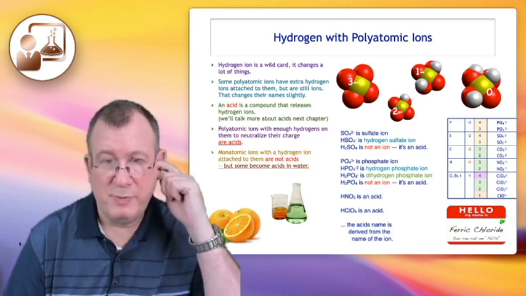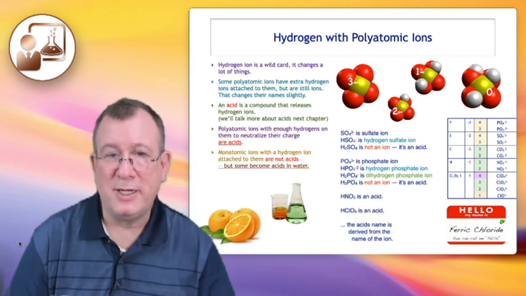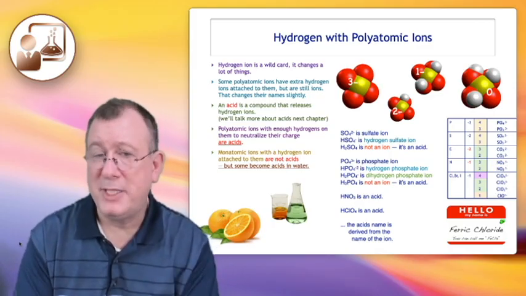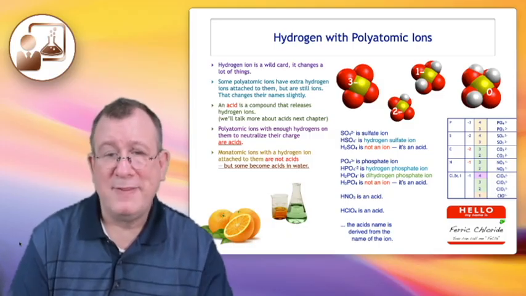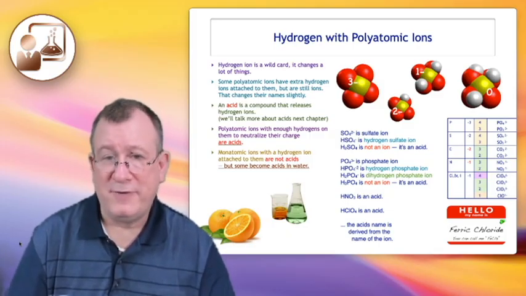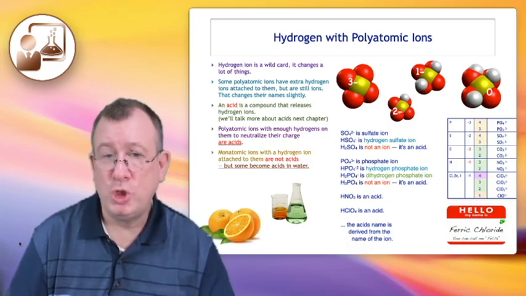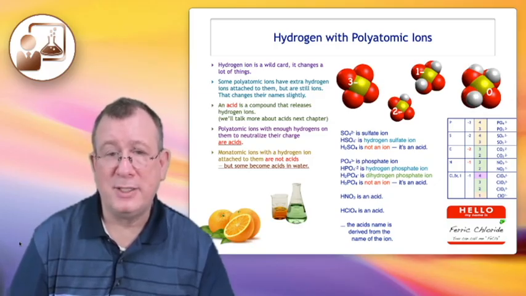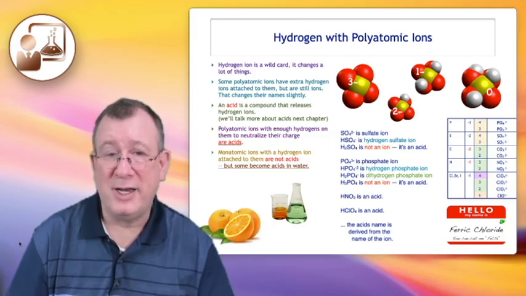If I do that trick with PO4 3-, if I stick one H+ on it, I get a new polyatomic ion, the same polyatomic ion I had before, just with an H+ stuck onto it. That's the hydrogen phosphate ion. The formula is HPO4 2-, because the H+ neutralized one of the negative charges. If I stick a second hydrogen ion on it, it still isn't the acid.